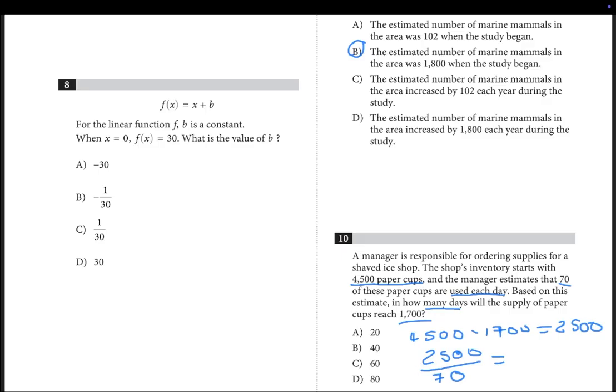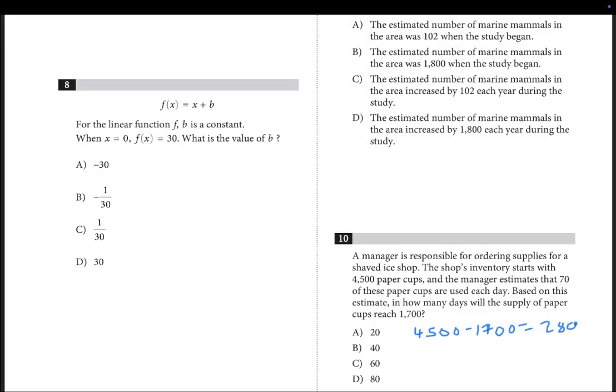So 2,500 divided by 70. Pardon me, this should be 4,500 minus 1,700.